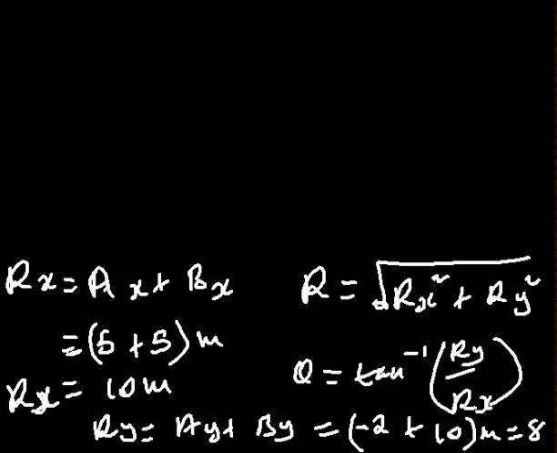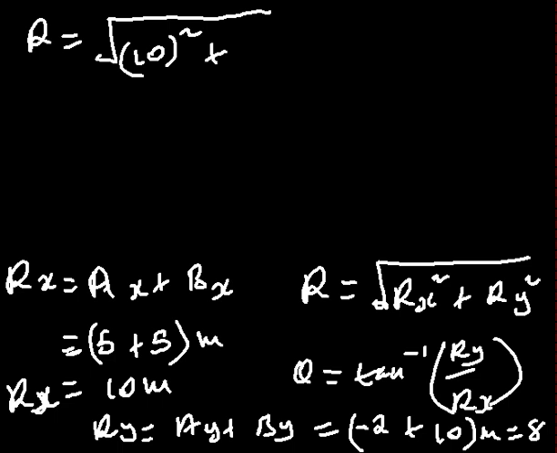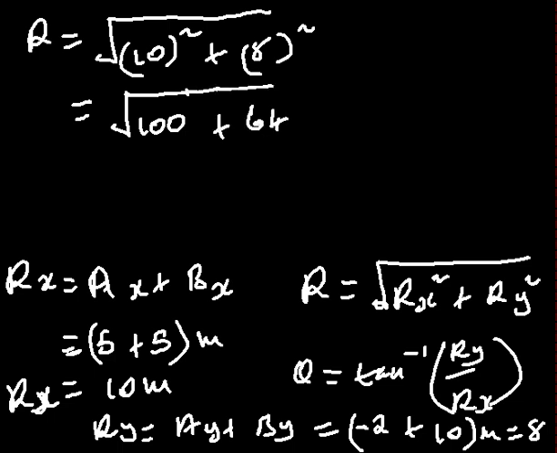Next from there we'll have the resultant vector, which is the square root of, and what is Rx? We have it as 10, so 10 to the power 2, plus, what is Ry? We have it as 8, so 8 to the power 2. 10 to the power 2 is the same as 100, and 8 to the power 2 is 64.